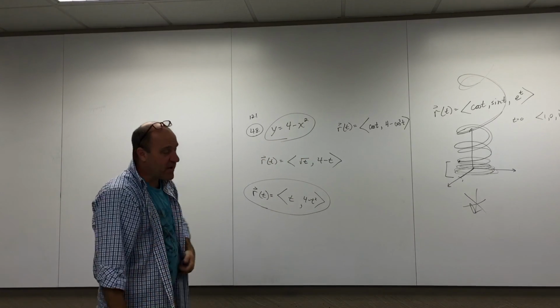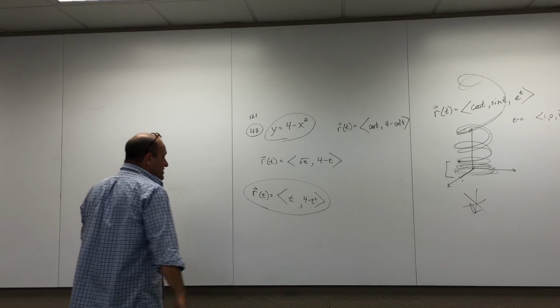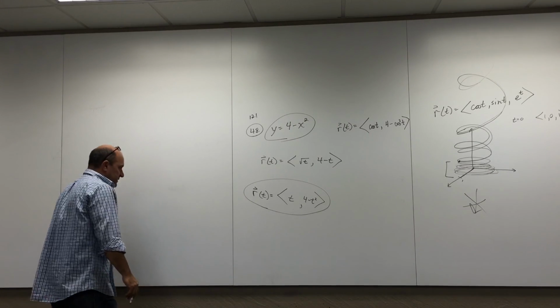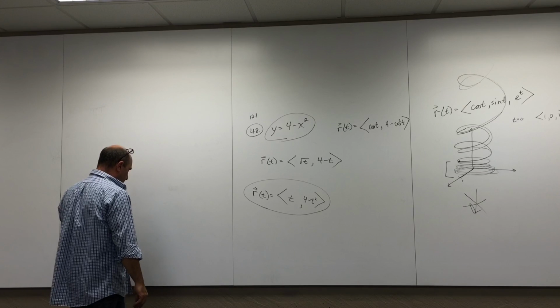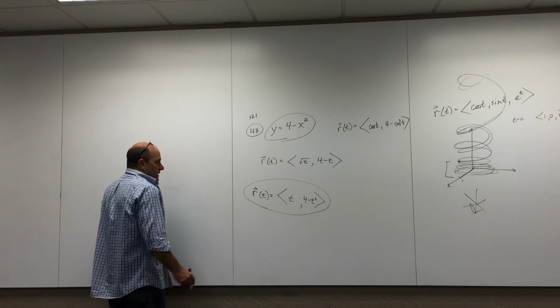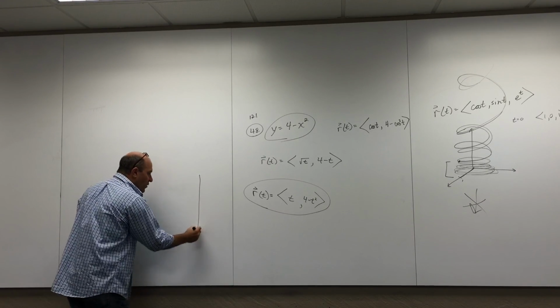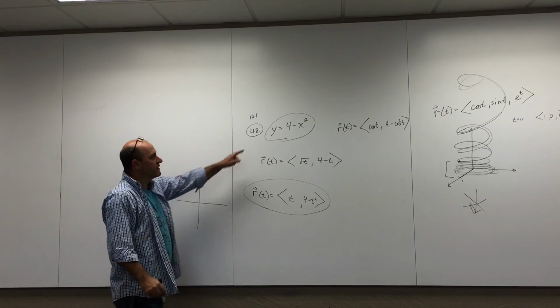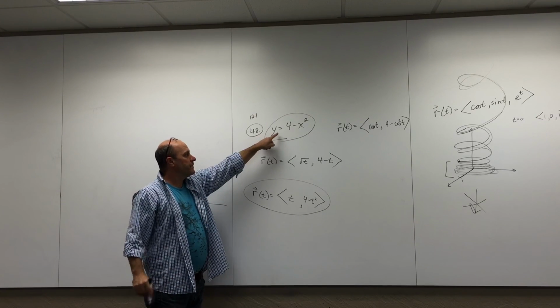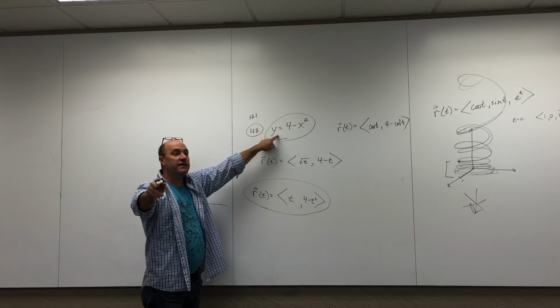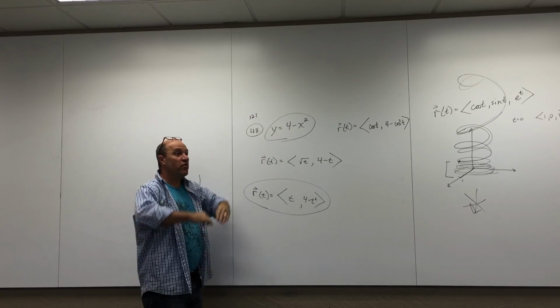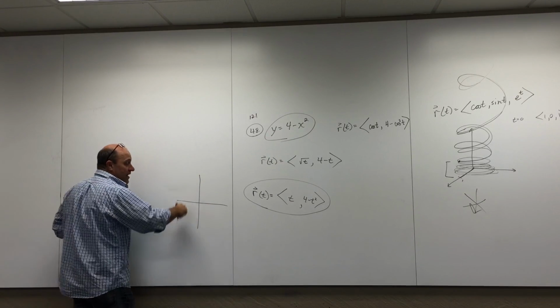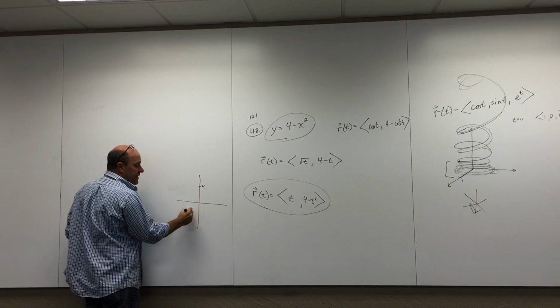But due to this parameterization, there's a lot of different things going on here. Do you know what this looks like? Can you tell me what this is? Upside down parabola, pushed up 4. Yeah. Upside down parabola, pushed up 4, here it is.